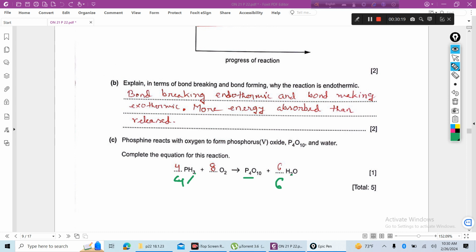Then oxygen, 10 plus 6, 16, if you write here 8, 8 twos are 16. This equation is balanced now.